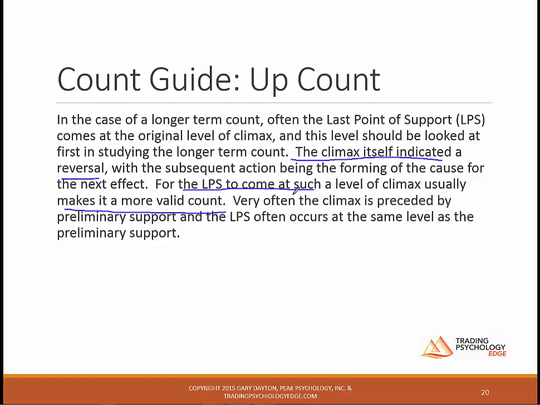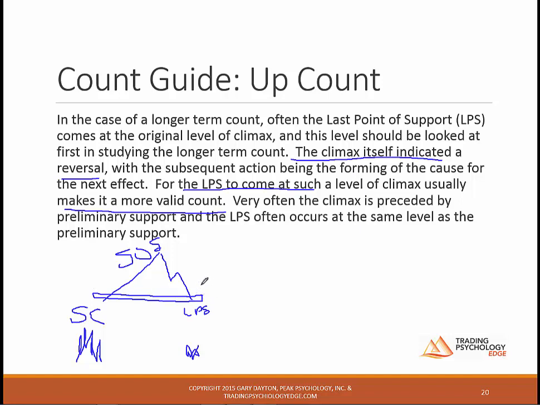So when we get a selling climax that's followed by a sign of strength, and then a relatively weak reaction, and we'll see the volume diminish down here compared to up here, and we get a last point of support at or near the climax, usually slightly above or right at, that's pretty powerful. But this has to be weak coming down. Maybe not the first leg or two coming down, but by the time it gets to the bottom, it has to show weakness and no supply down here.